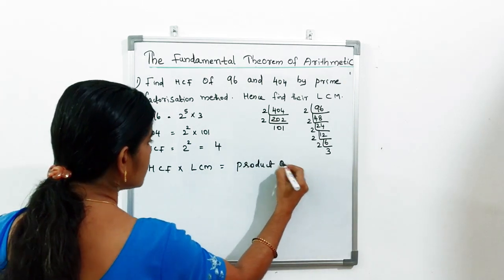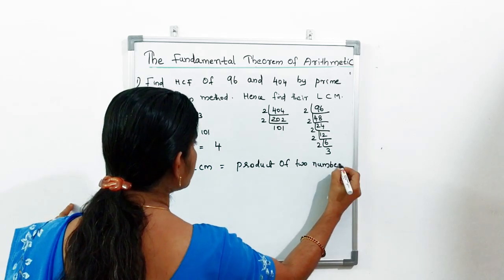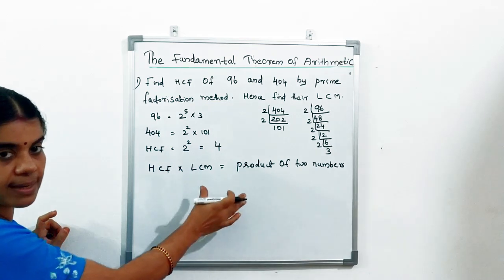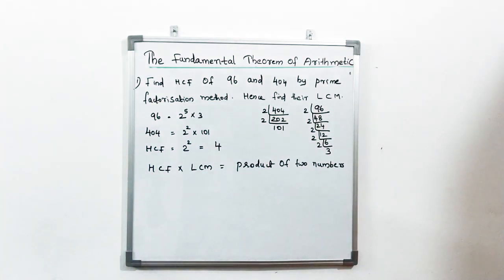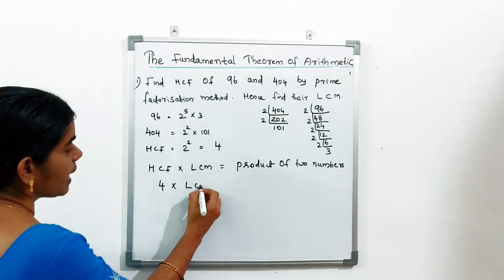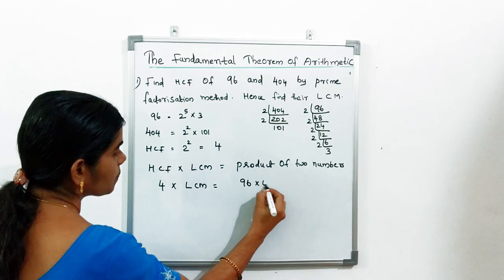That result we know. If you are finding the HCF and LCM of two numbers, then only we can utilize this. If more than two numbers are coming, this result is not true. Then the HCF you got is 4. 4 into LCM is equal to 96 into 404.